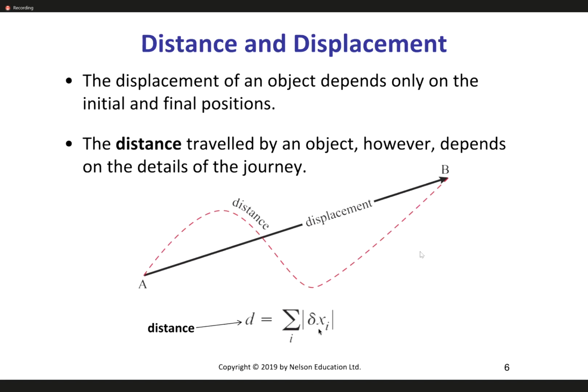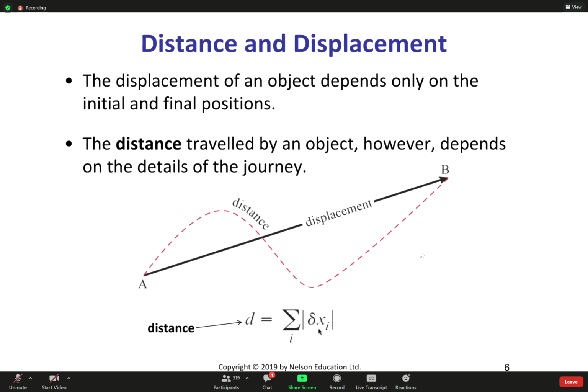Now you're working on a curved surface, which would mean that, strictly speaking, the displacement would still be a straight line from point A to point B, even if your curved path is along the surface of the Earth.